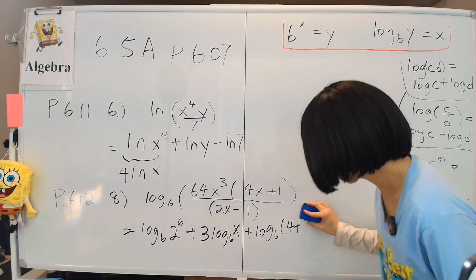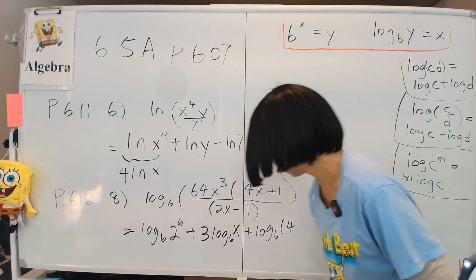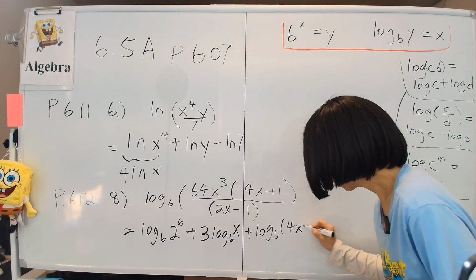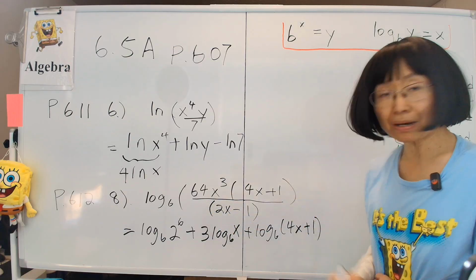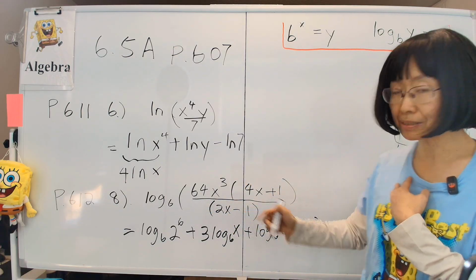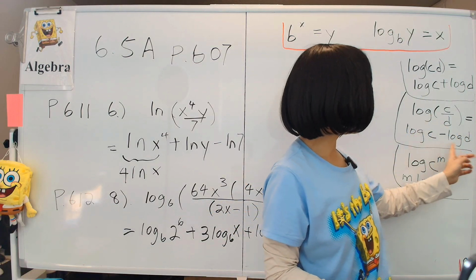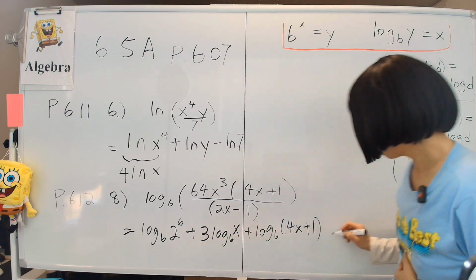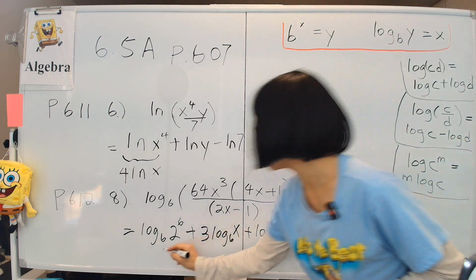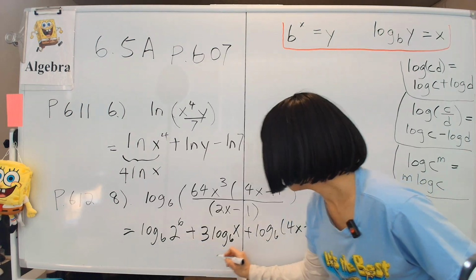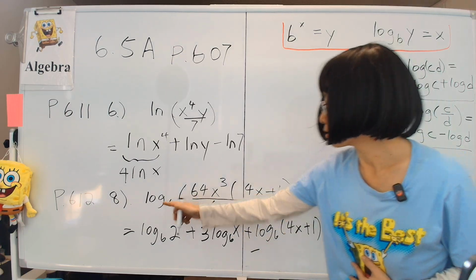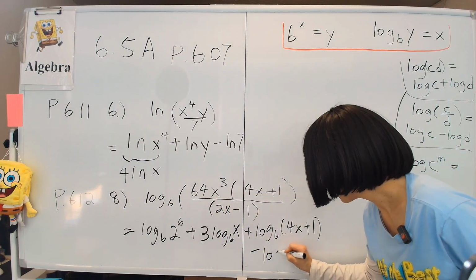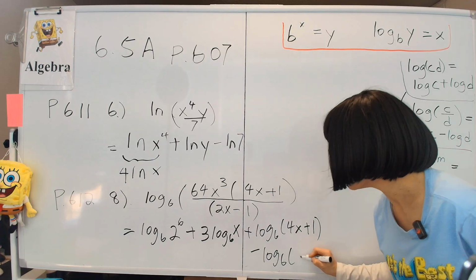I'm missing the x. 4x plus 1. Then what was on the bottom becomes division, becomes subtraction. It says right here. So then minus log, keep going, log base 6 of 2x minus 1.